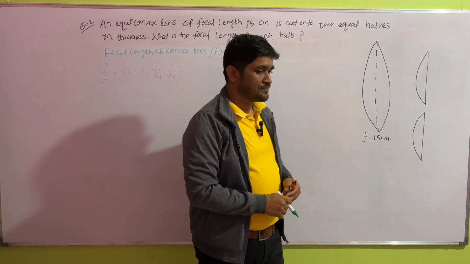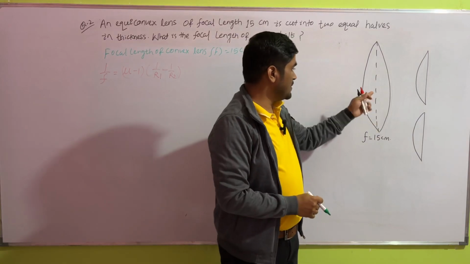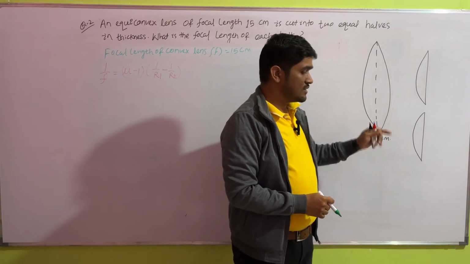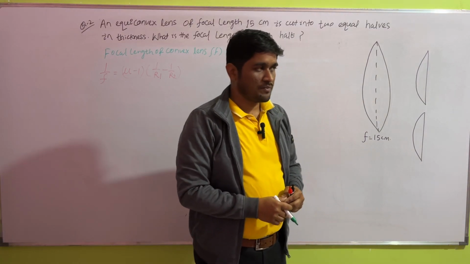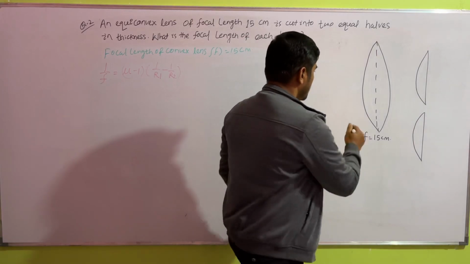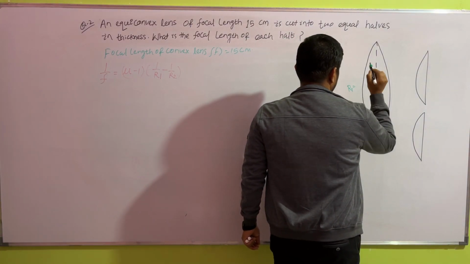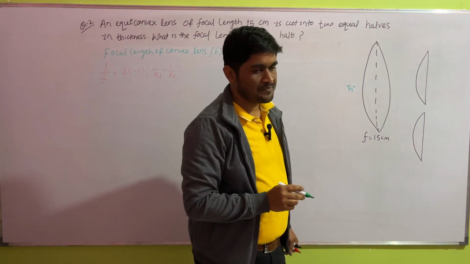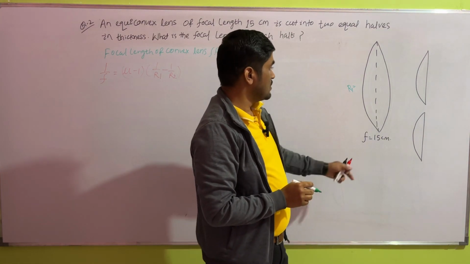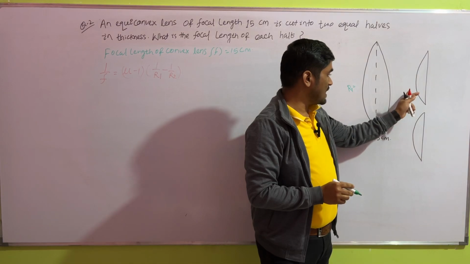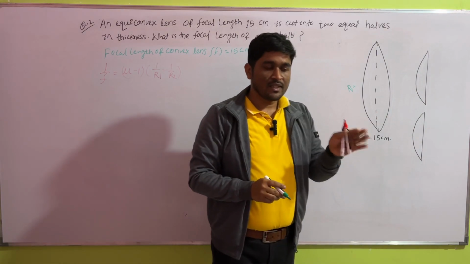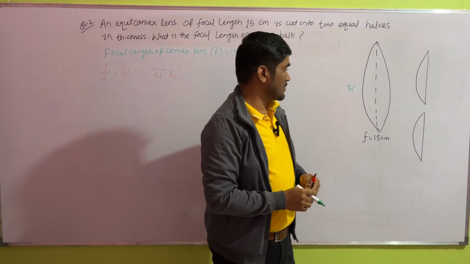And you know, for a convex lens, for the first surface, r1, the radius of curvature will be positive because both the center of curvature and the focus lie right of the optical center.